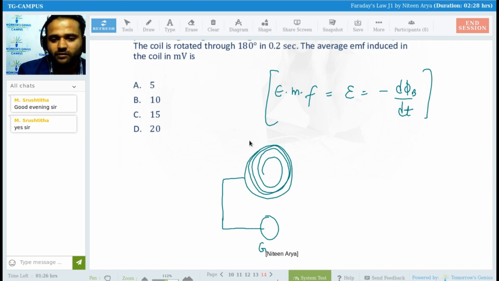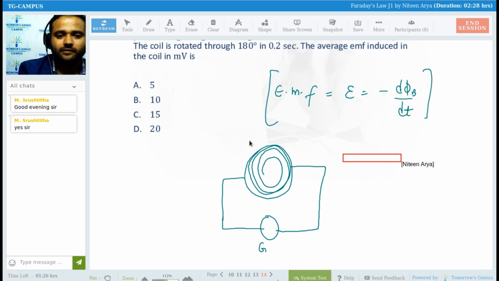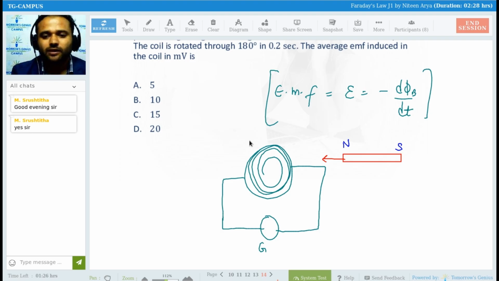There is your galvanometer. And there is a magnet with N and S. When this magnet moves, there is a magnetic flux because of this area of the coil.